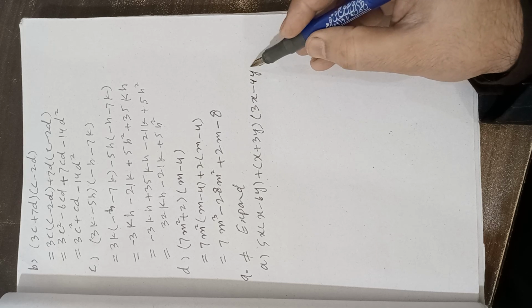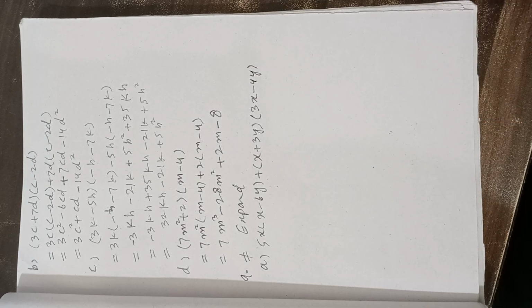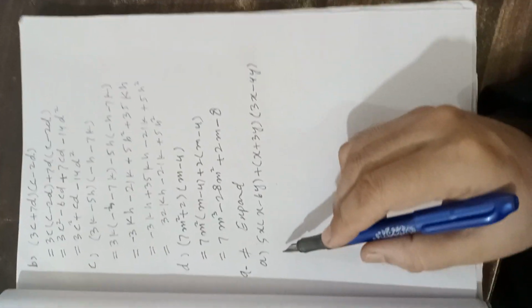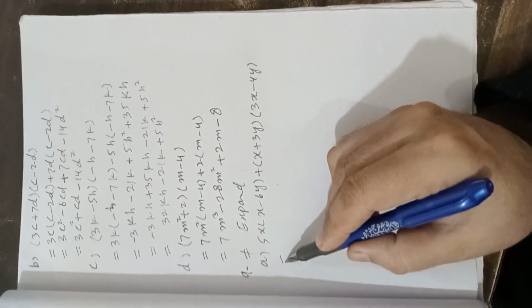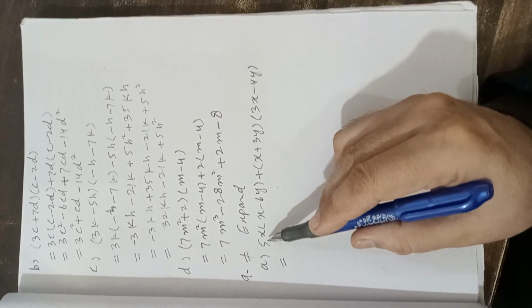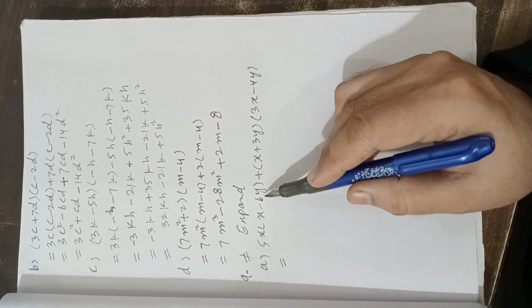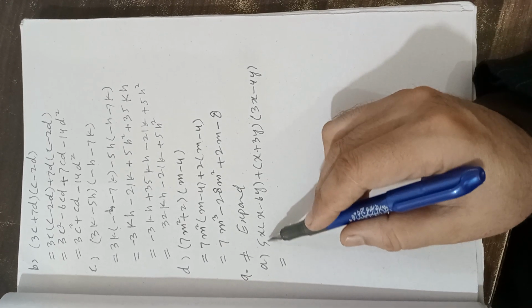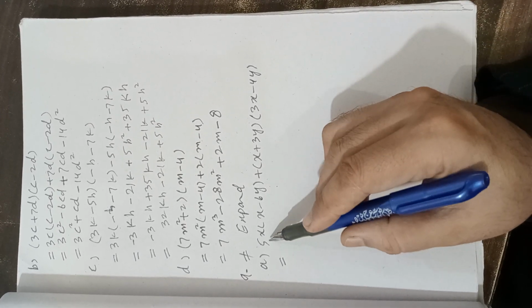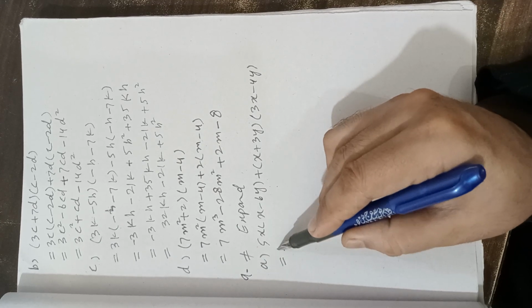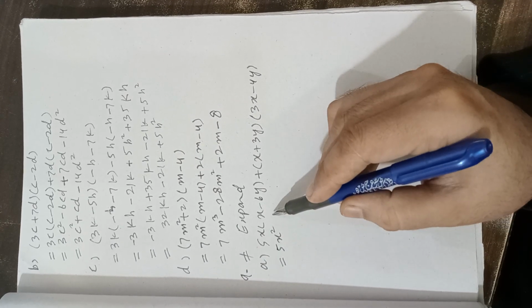Now again in the similar way you will expand the first term and you will write the second term as such, and here 5x can be multiplied up to here because these brackets show that we should multiply this 5x to both of these terms. So 5 multiplied by 1 is 5 and x multiplied by x is equal to x square.